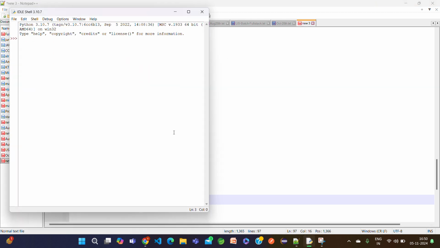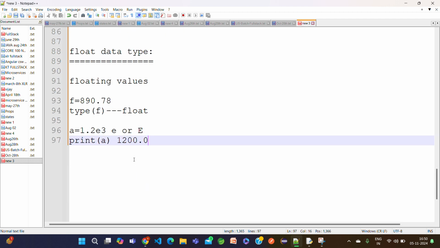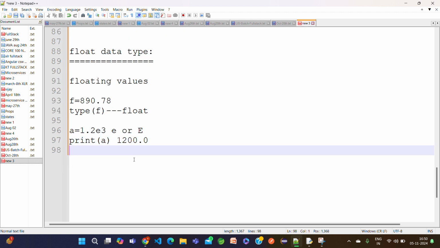If you observe that output, a = 1.2e3, and when I print a, we got 1200.0. Any type of value we can use, even hexadecimal or octal format, can be converted to floating points.